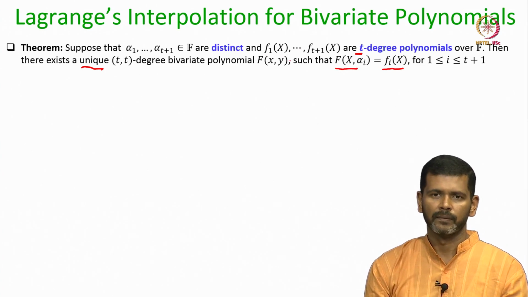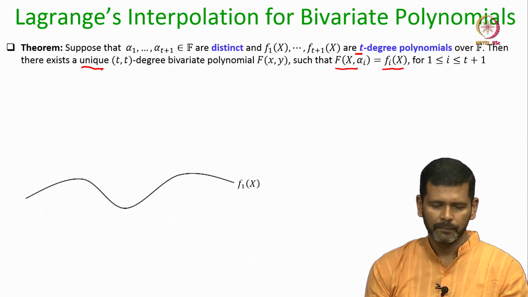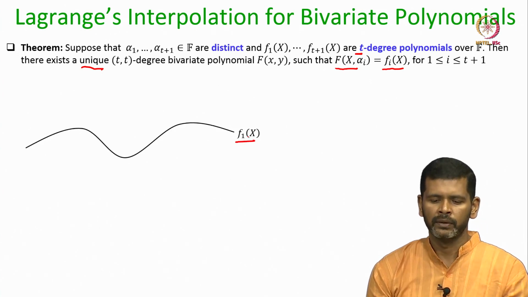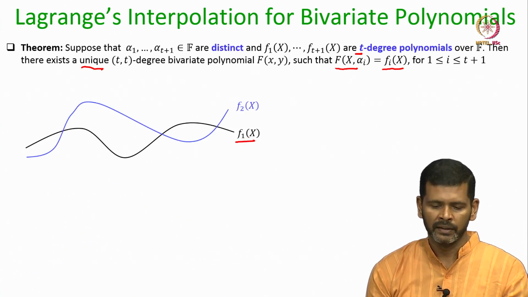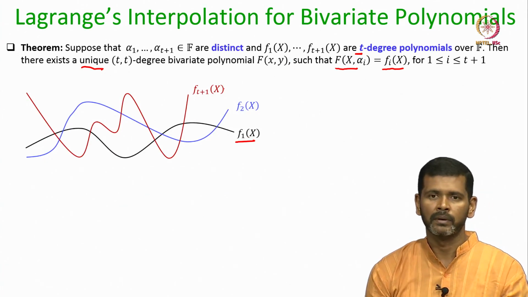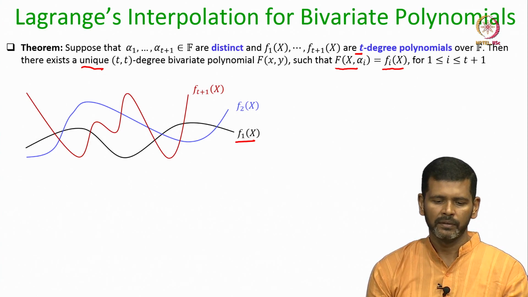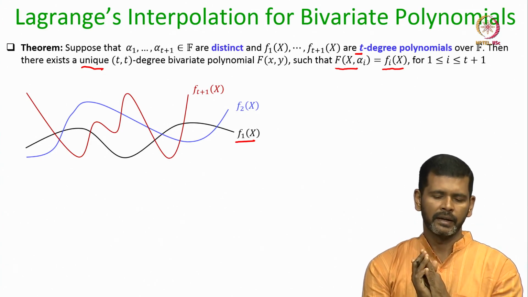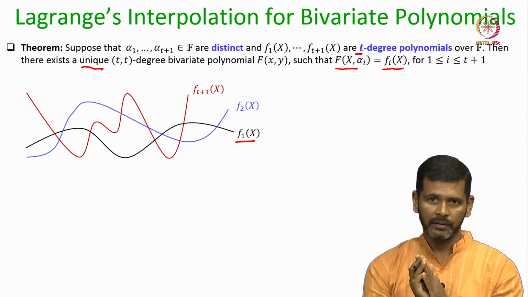univariate polynomials. That means, pictorially you can imagine that I am giving you one t degree univariate polynomial, another t degree univariate polynomial, and like that I am giving you t plus 1 number of univariate polynomials. They may be same, they may be different, they are just arbitrary t degree univariate polynomials in the x variable.